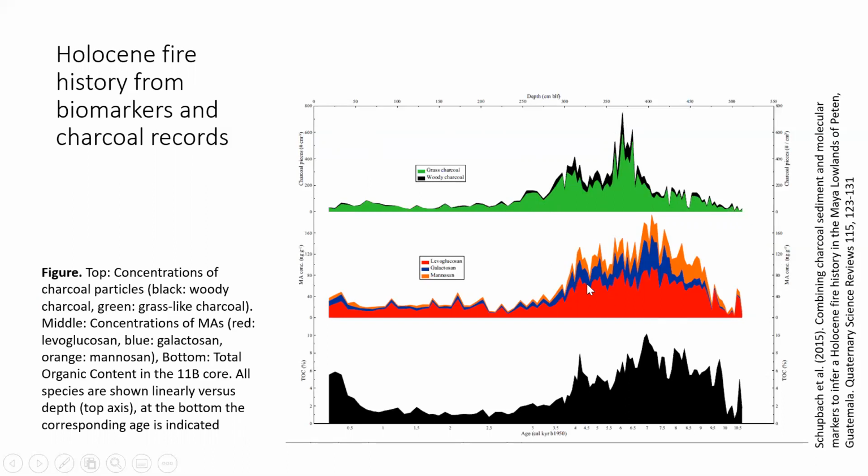And then there's total organic carbon in the sediments measured, which goes quite well together with the charcoal record in itself. And then also there's the biomarker record. So there's levoglucosan and also its different isomers. And we can see that it goes quite well together with the charcoal, or with the fire record and history recorded from the sedimentary charcoal.